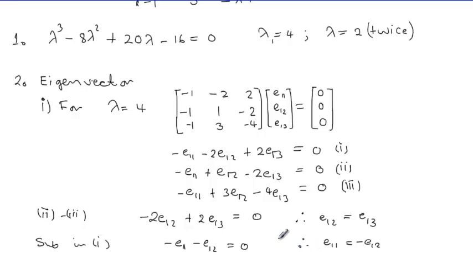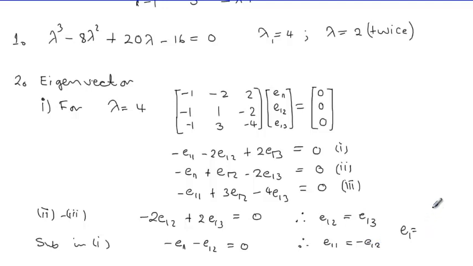Right. So from there, we can now build our first eigenvector for lambda equals to 4. In this case, the eigenvector will be E1. As you can see here, E12 and E13 are equal, but E11 and E12 have opposite signs.